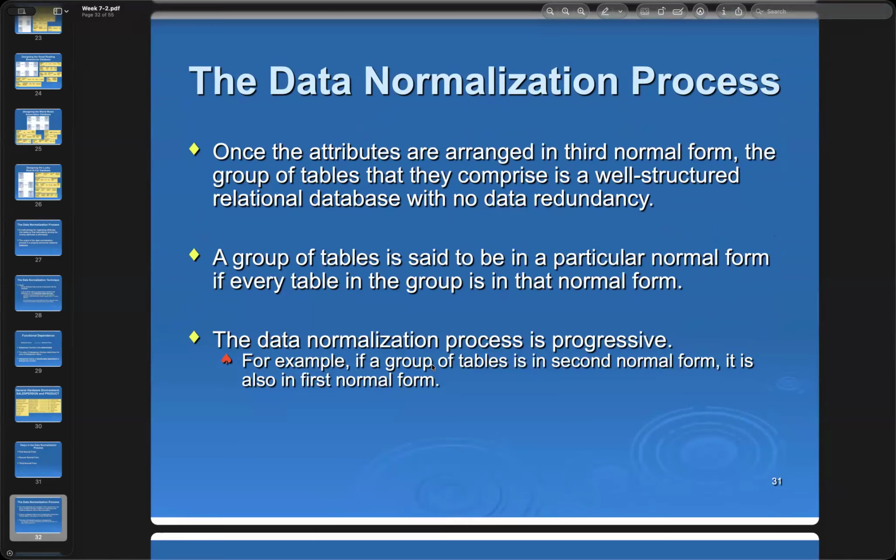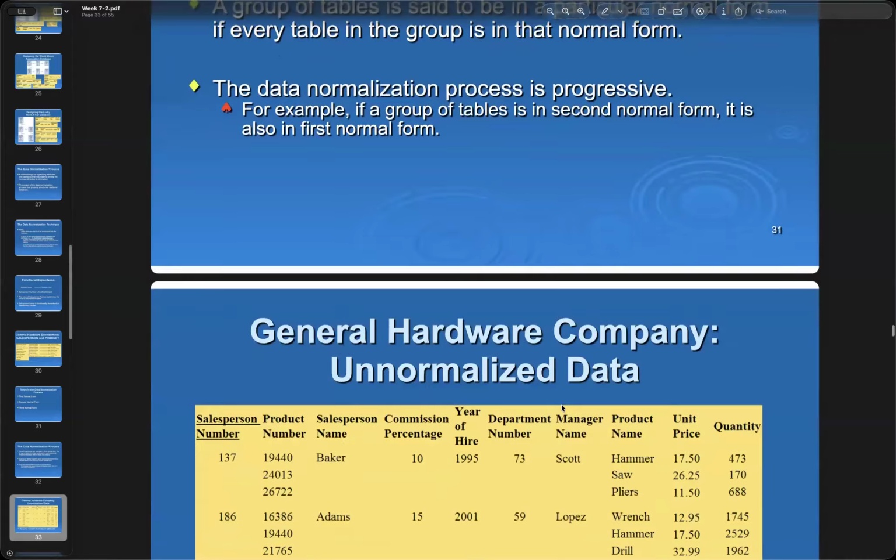A group of tables is said to be in a particular normal form if every table in the group is in that normal form. The data normalization process is progressive. If a group of tables is in second normal form, then it's also in the first normal form. Once you finish the third normal form, it should also be in the first and second normal form, so it will be done.